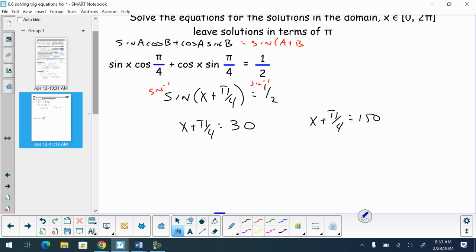If you want to take this back into pi over 6 and 5 pi over 6 and work the problem out from that point, that is fine. Just work with your fractions. It's not that bad dealing with fractions. But if you want to keep it all in degree mode and wait until the very end to convert, that is fine also. Your conversions tend to be a little bit more of a challenge, but it's doable.